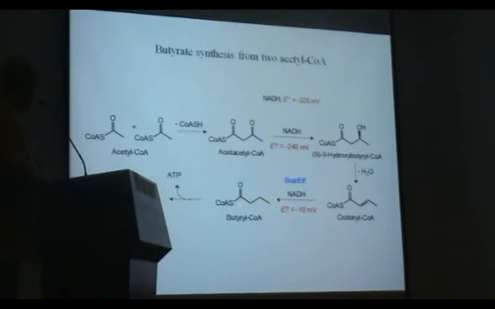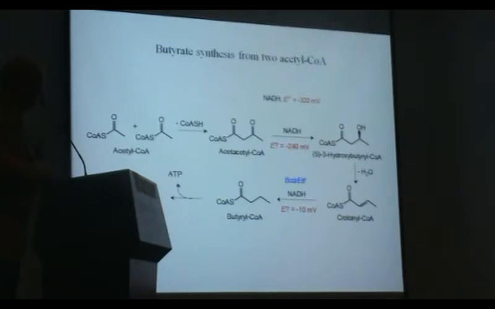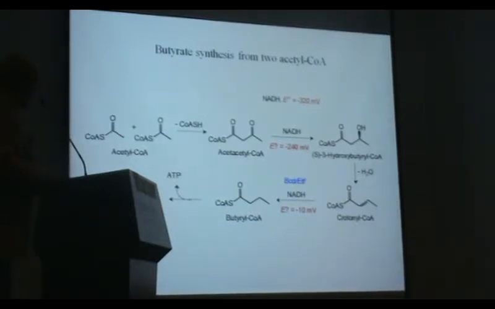We have shown that this enzyme is not a membrane enzyme, it's in the cytoplasm, and so it was really unknown how this works.